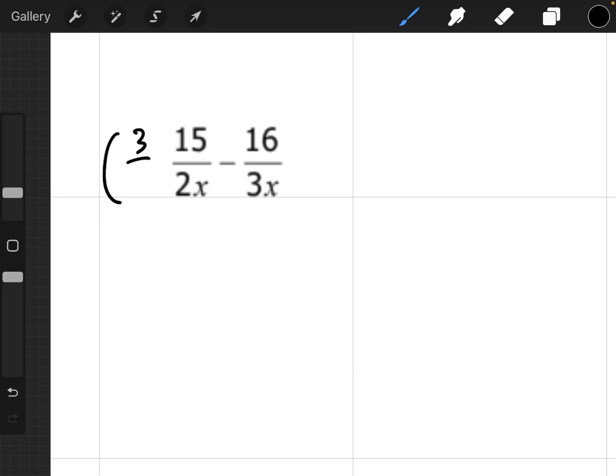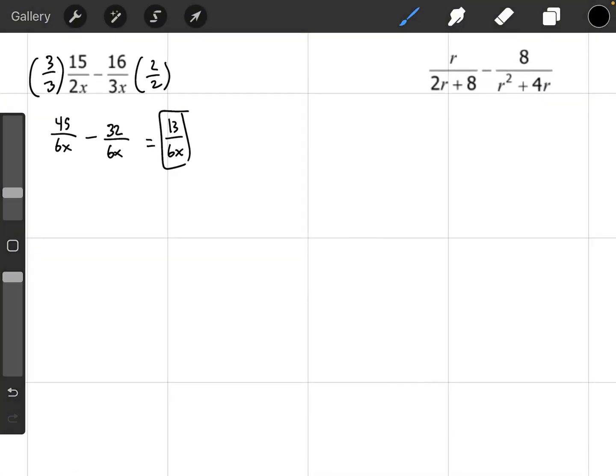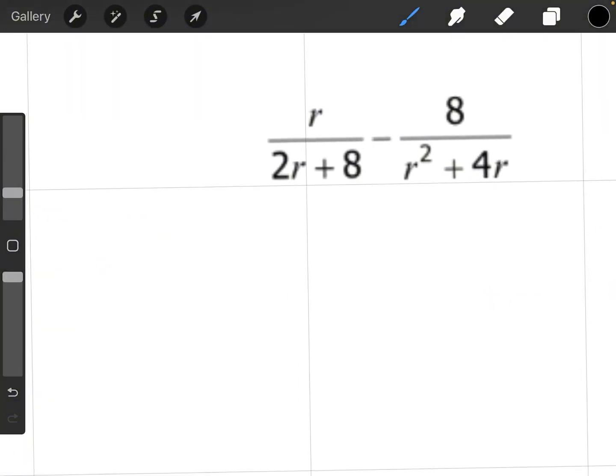So we can multiply this term by 3 over 3 and this term by 2 over 2 to get 6 at the bottom. So 15 times 3 is 45 over 6x minus 2 times 16 is 32 over 6x. 45 minus 32 is 13 over 6x.